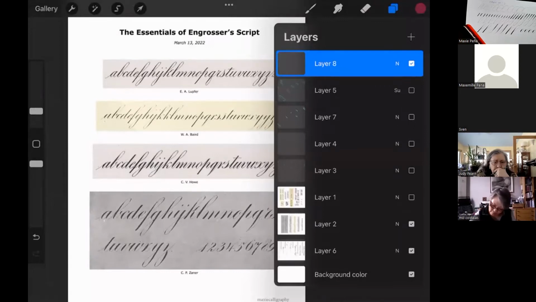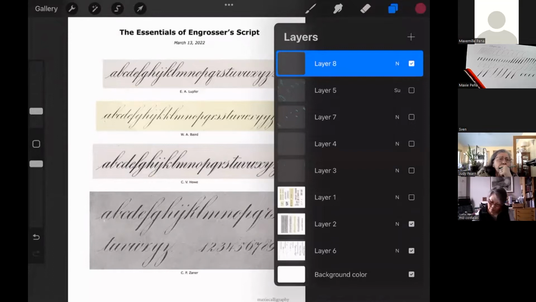Okay, is the spotlight showing correctly? You should see the first page of my handout. It says the essentials of Engrosser Script. Yes, it's okay, Maxi. Okay, thank you. All right.